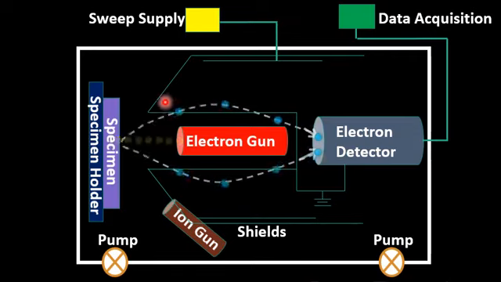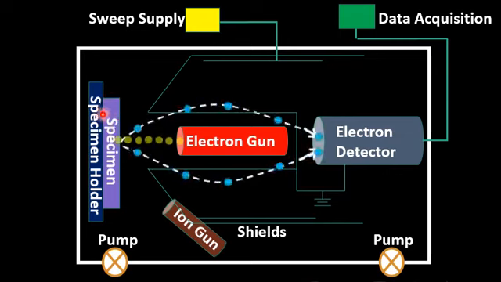The Auger electron spectroscope has a specimen holder, which holds the specimen on it. The specimen is placed on a specimen holder.